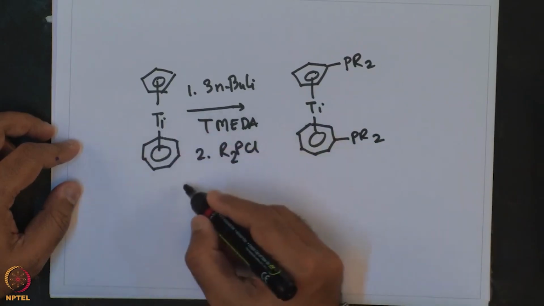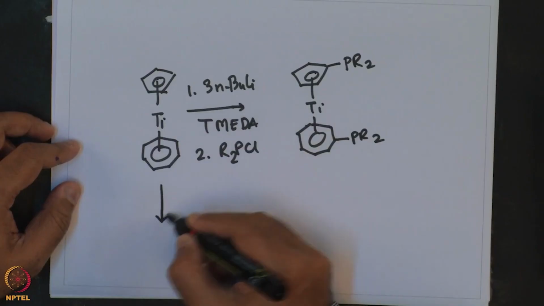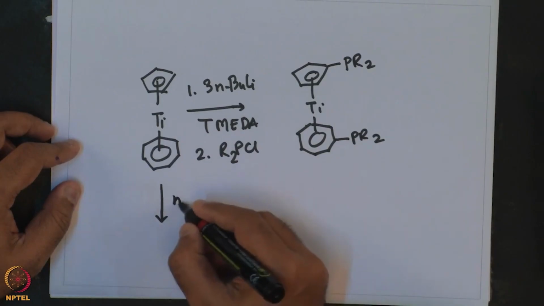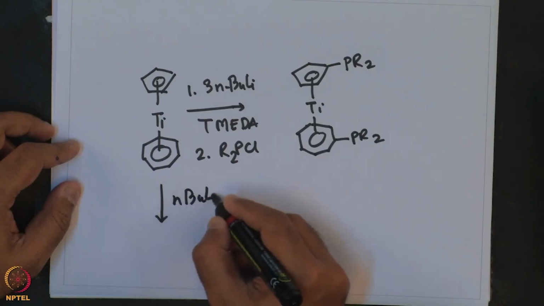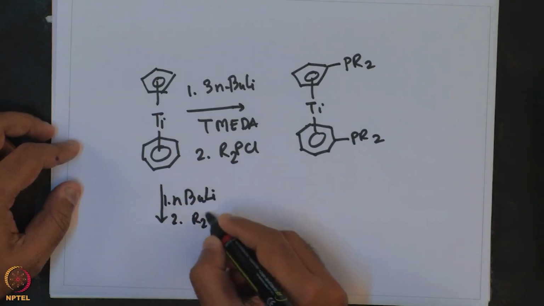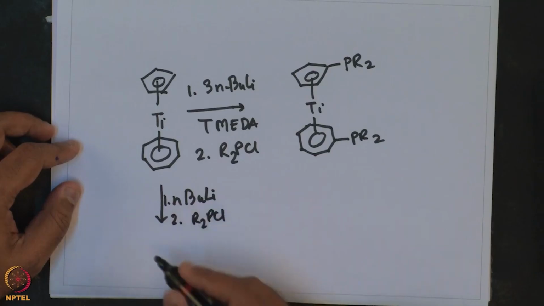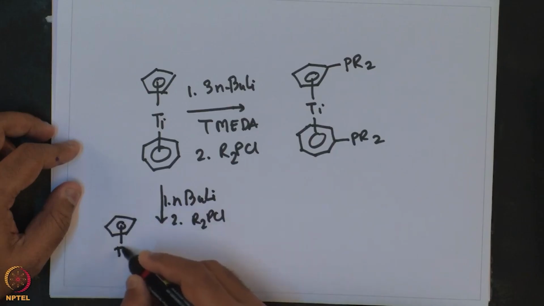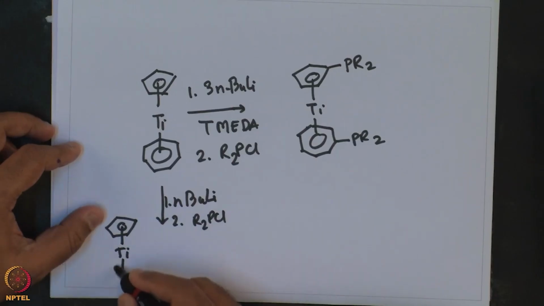whereas if one does the reaction in the absence of TMEDA, just taking n-butyl lithium and second R2PCl, then one sees lithiation happening on the cycloheptatrienyl ring.